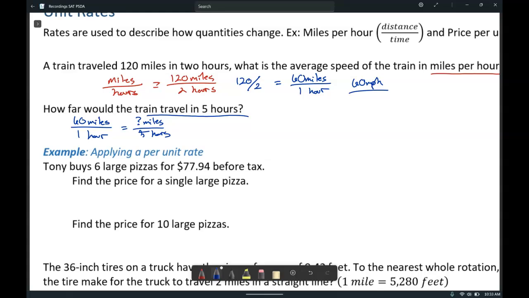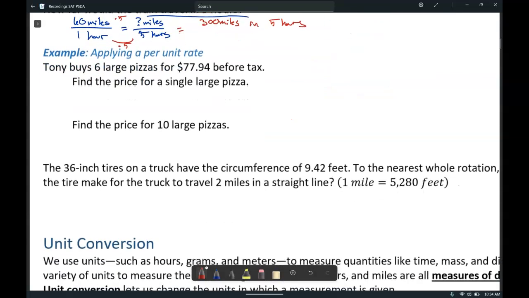That's just a simple multiplication. 1 times 5 and 60 times 5 gives us our new rate. So we end up with 300 miles in 5 hours.